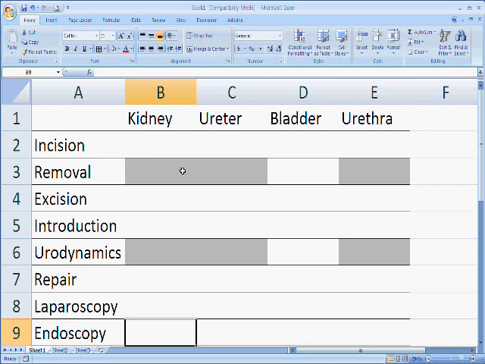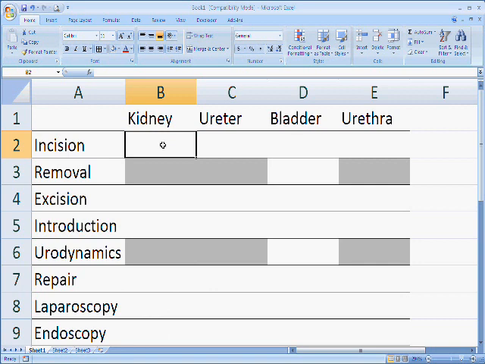You know that removal doesn't actually apply to the kidneys, so it's probably going to be in the excision part. It always goes incision, excision, introduction, repair, laparoscopy, endoscopy.